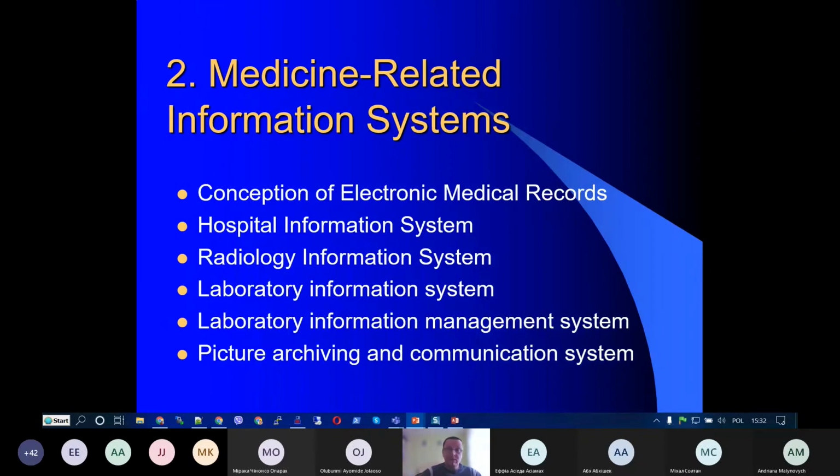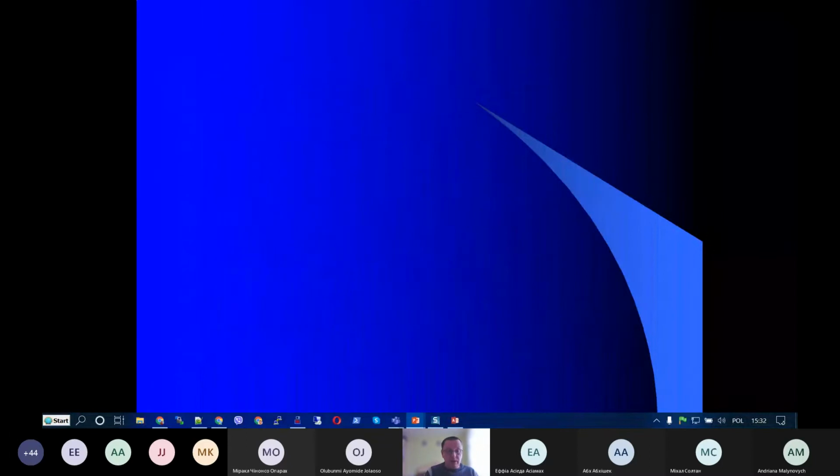But before we consider types and classification of at least a few types of medical related information systems, it is important to define what electronic medical records are, because all further systems rely on some specific implementation of EMR for some particular purpose.